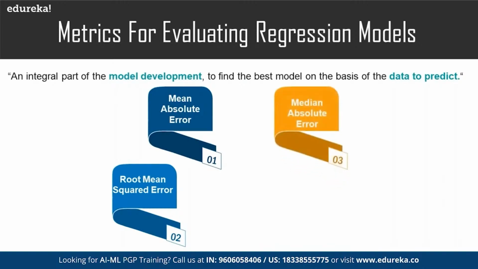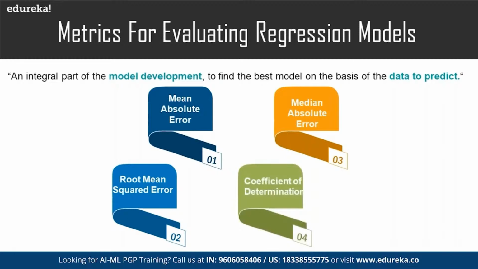So again, RMSE is such important. Median absolute error is also important, but we don't usually use it as frequently as RMSE and MAE. And the coefficient of determination, otherwise called R squared.